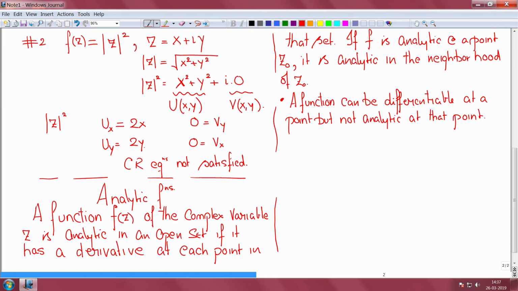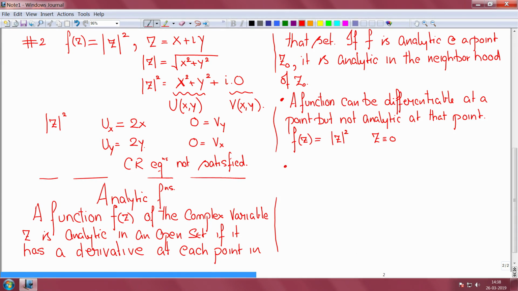We saw this case just earlier. This function f of z is equal to magnitude of z square, didn't have a derivative anywhere except at z equal to 0, and nowhere else does it have a derivative. So this function is differentiable at one single point z equal to 0, but not analytic at that point, because in the neighborhood of z0 it does not have derivatives.